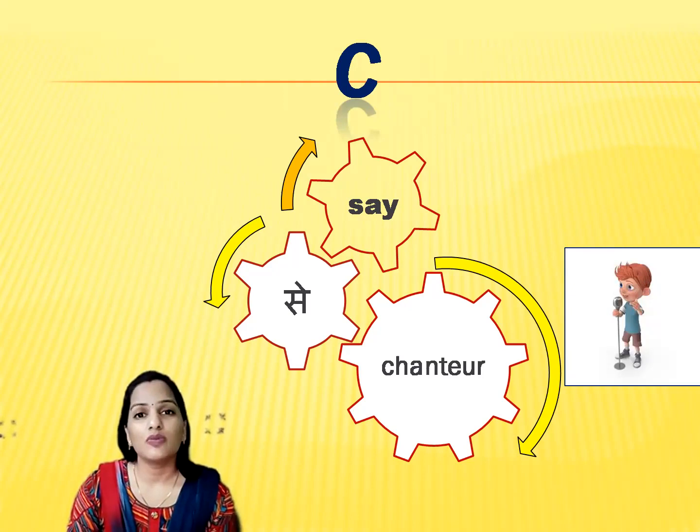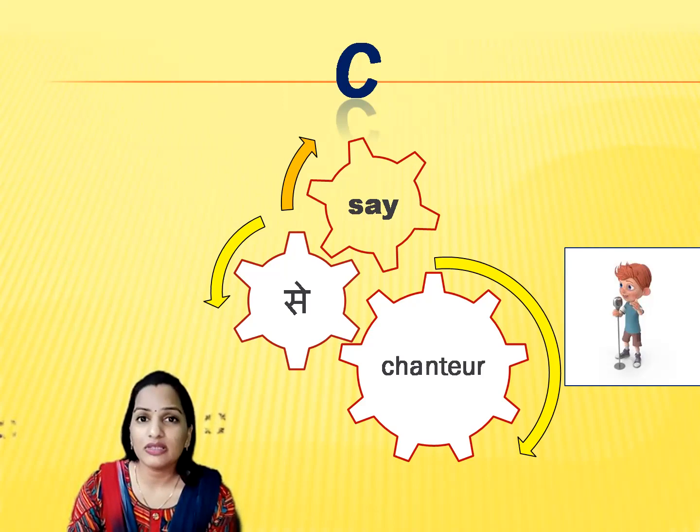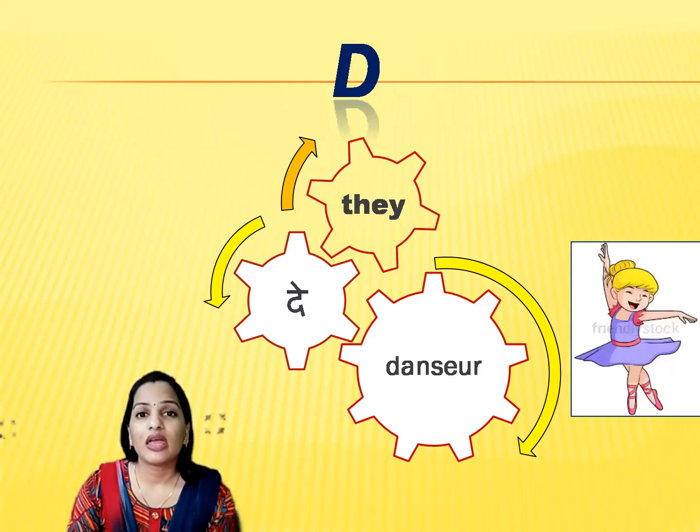Okay. So, C is pronounced as say. And one example is chanteur. What is it? Chanteur. And what does chanteur mean? Chanteur means singer. So what do we call a singer in French? Chanteur. Okay. Now next, D. How is it pronounced?